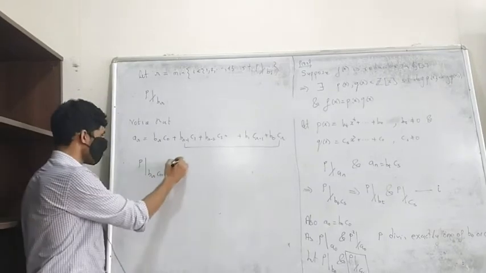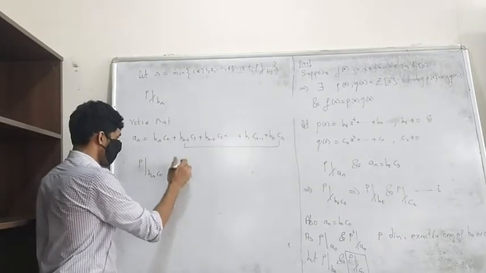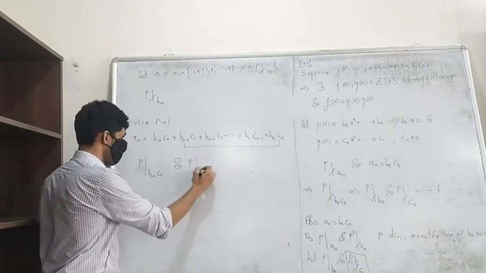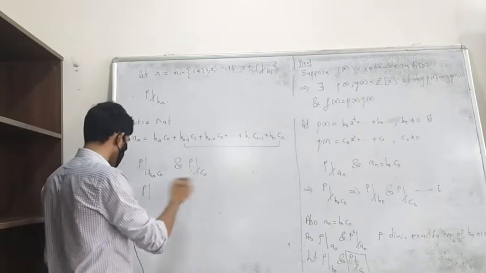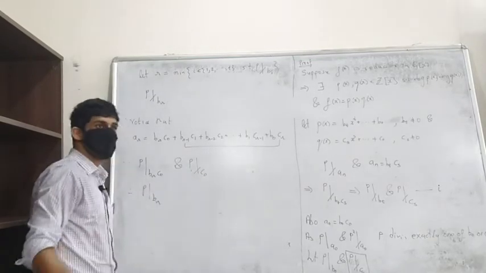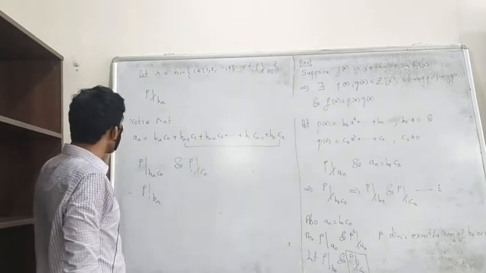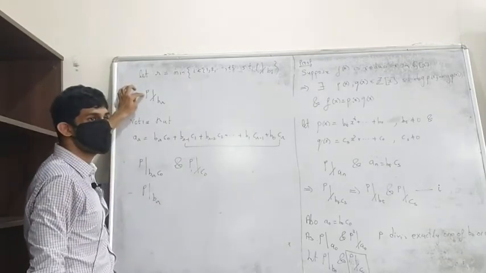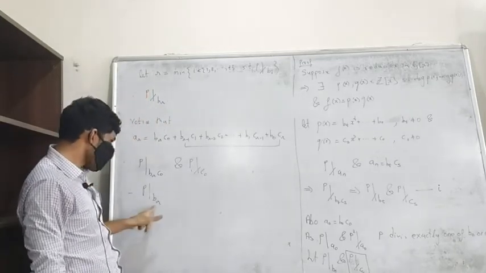So what does that mean? It's a prime, right? So that's a contradiction, because we said that p doesn't divide Br, the smallest index for which it doesn't divide.